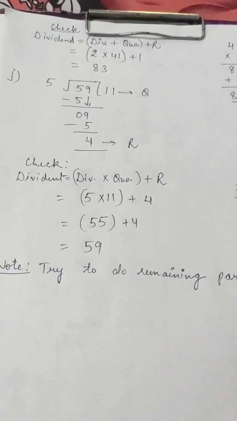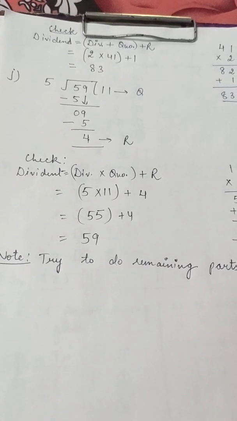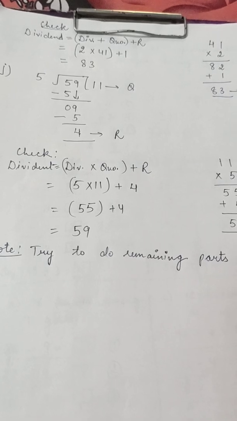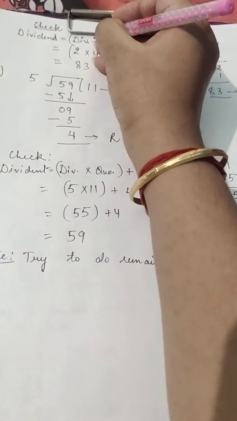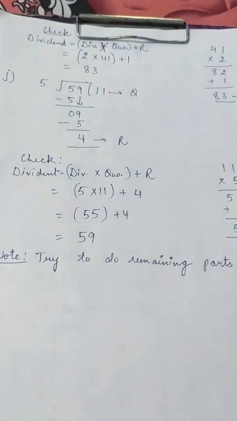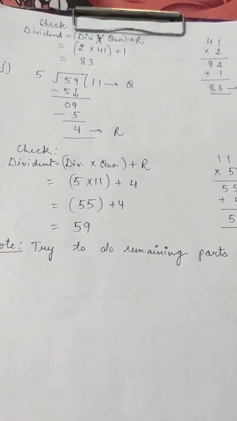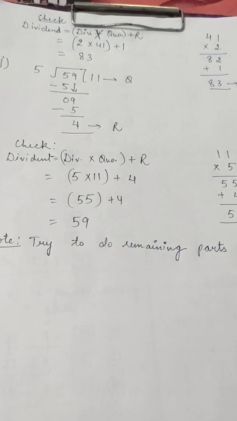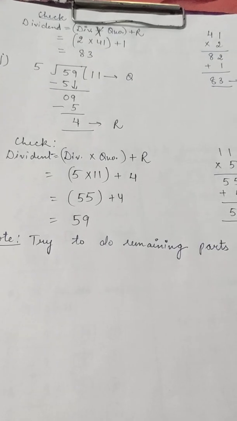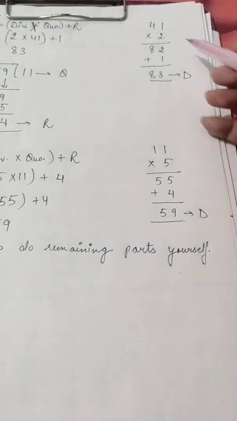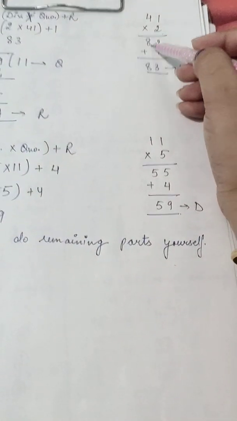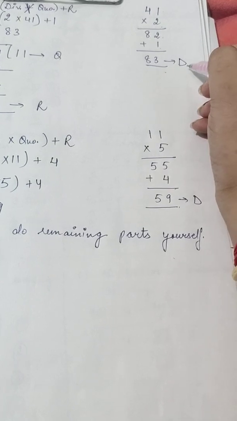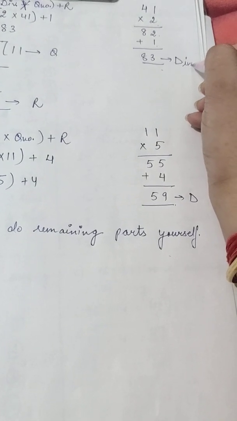Then we have to check by using the formula: dividend equals divisor into quotient plus remainder. So 2 into 41 plus 1, that is 83. When we multiplied 41 into 2 we got 82, and 82 plus 1 is 83, which is equal to your dividend.